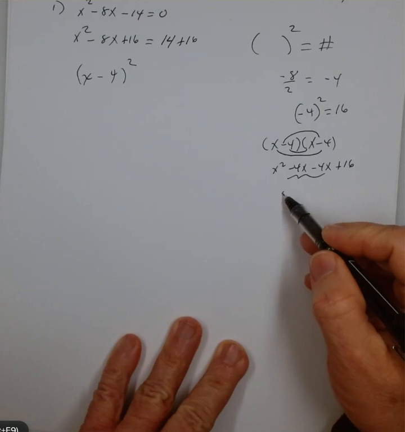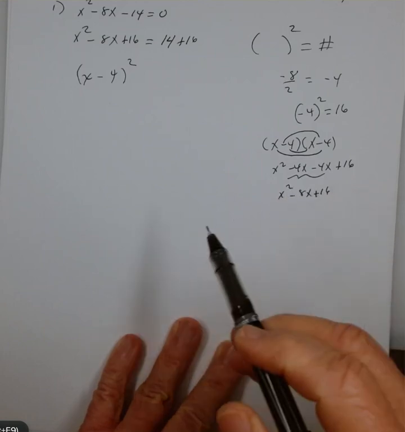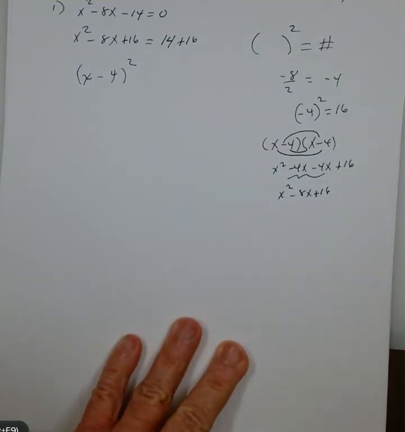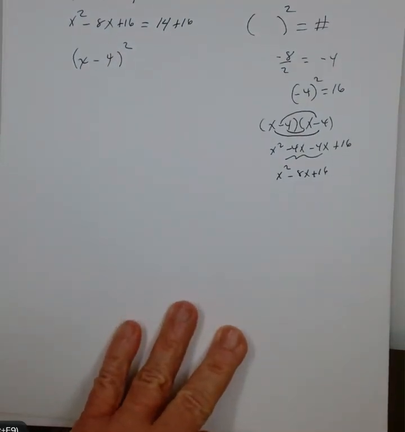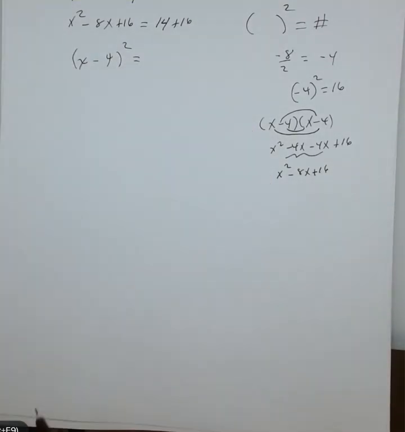Combining like terms, you get x squared minus 8x plus 16, which is what this is. All right, and that's going to equal, and then what's on the other side? No, not 0. 14 plus 16. 30, right?